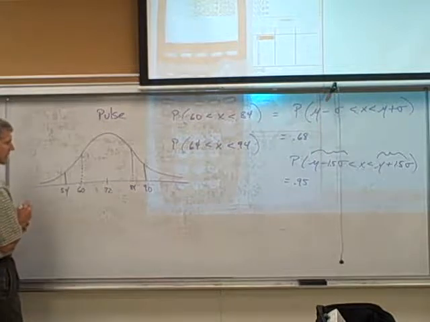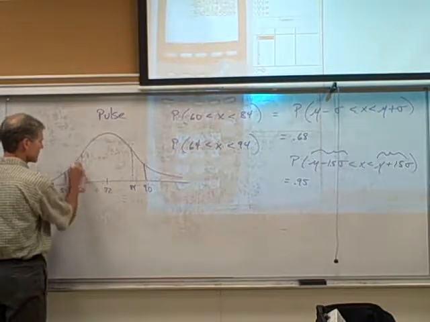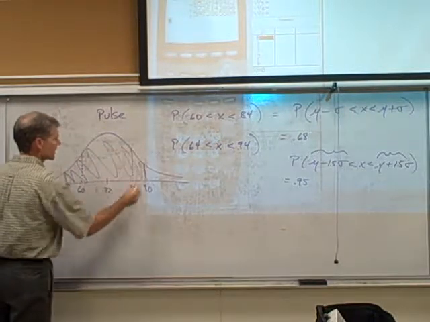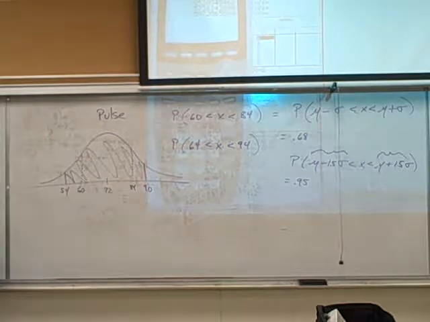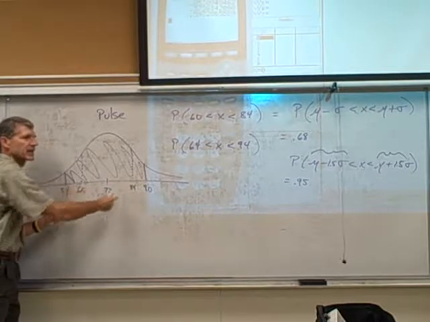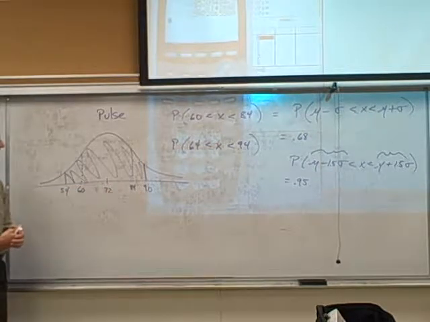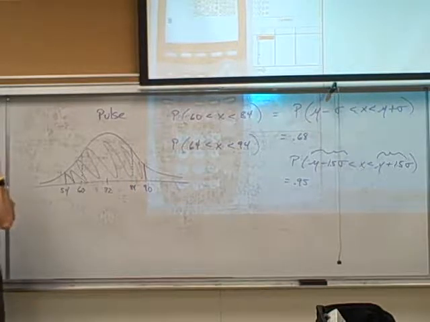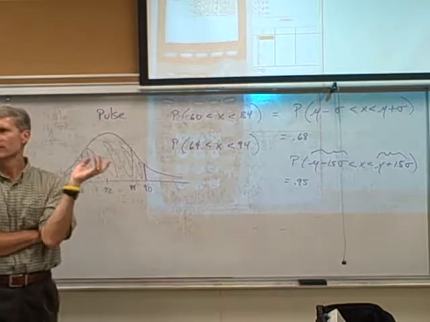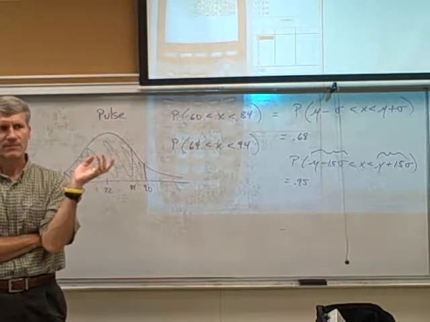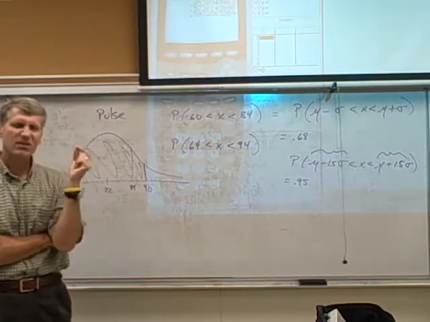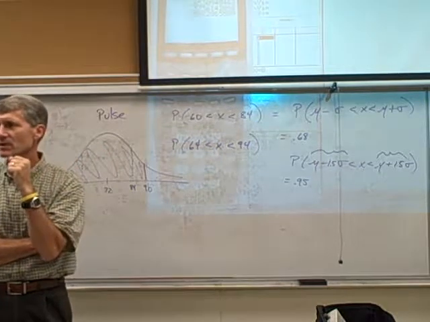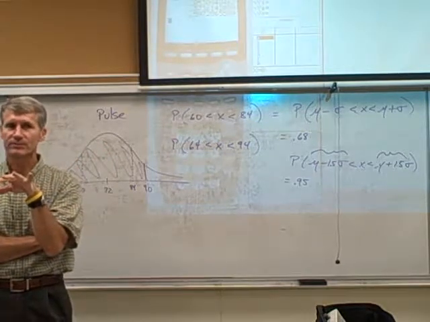Okay? And what I'm asking for is the area of that region under the normal curve. It's a probability distribution function. Areas under it give the probability of being in that region. Well, I don't know how to compute this. But I can get a good guess as to what the value is going to be by looking at the empirical rule.